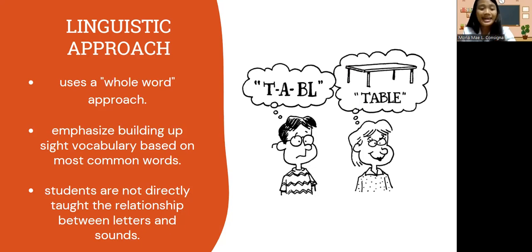It emphasizes building up sight vocabulary based on the most common words. Students are not directly taught the relationship between letters and sounds, unlike in the phonic approach. Let's proceed to the Bloomfield approach.